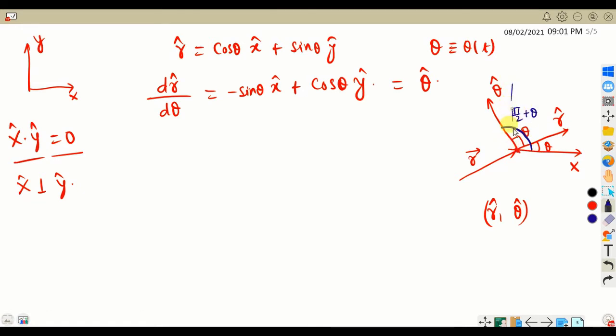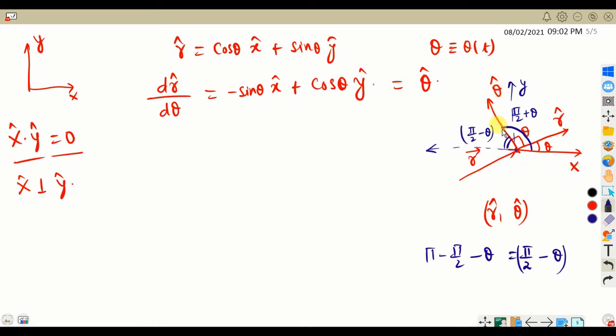You can mark it like this is your xy coordinate system and this is your y axis. So from here we can find this angle. This is pi by 2 plus theta, and the total angle is 180, so pi minus pi by 2 minus theta, which is again pi by 2 minus theta. Got it?